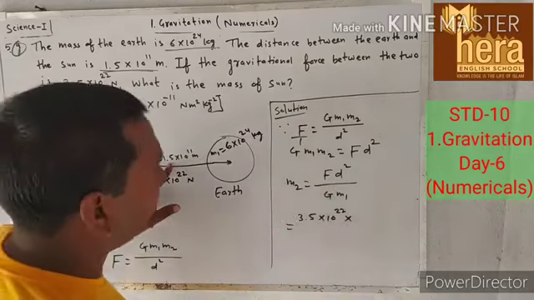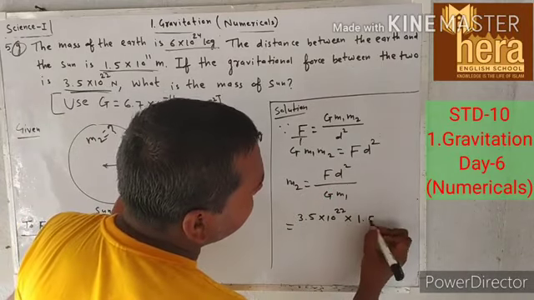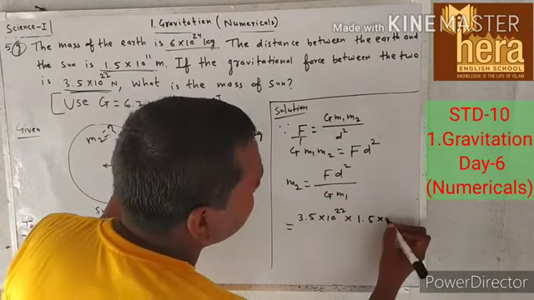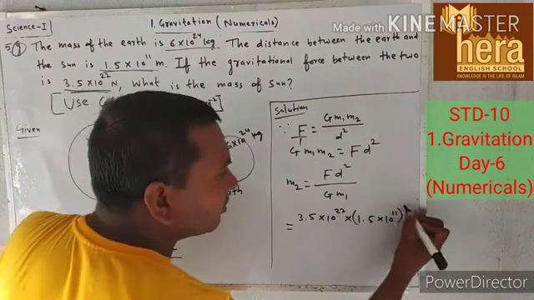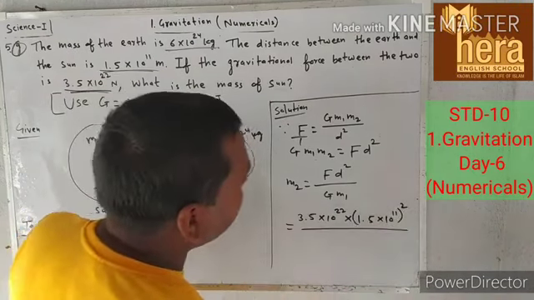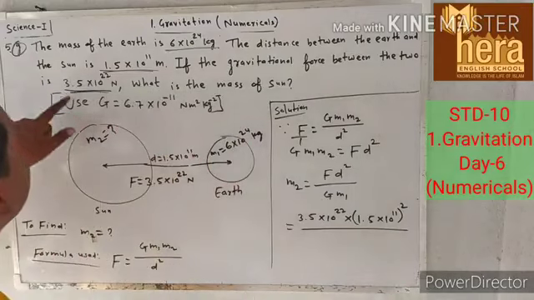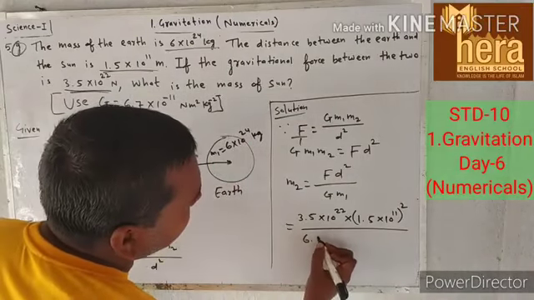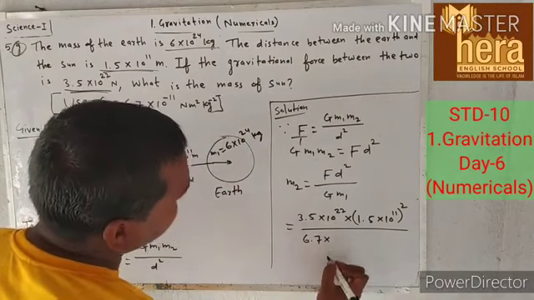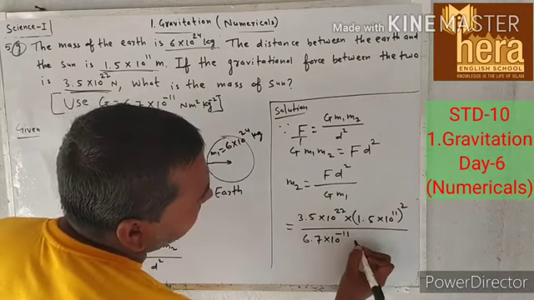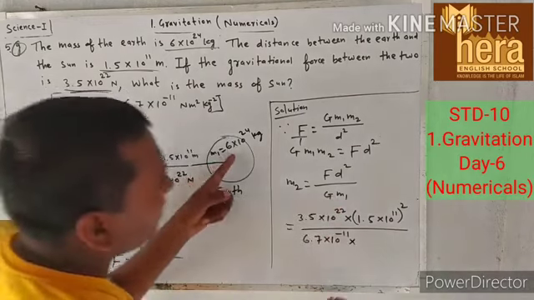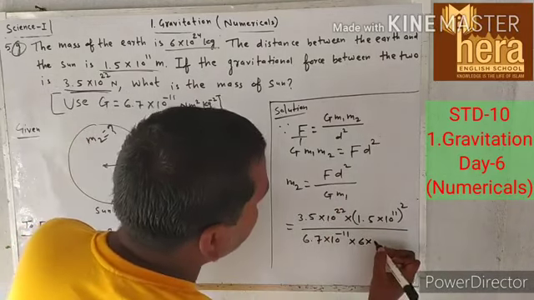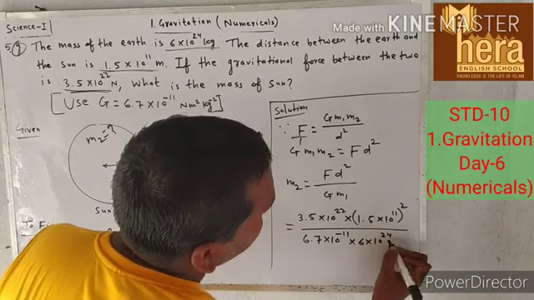D is 1.5 into 10 raised to 11, whole square, upon G. G we have to take 6.7 into 10 raised to minus 11, m1, and m1 is equal to 6 into 10 raised to 24.